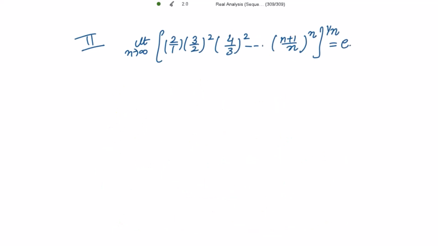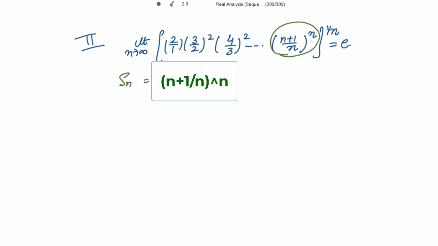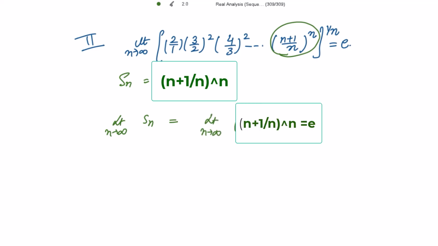Second example. What is the nth term here? It is (n plus 1 divided by n) to the power n. And we are going to find the limit of Sn. This is the notation, that is e.